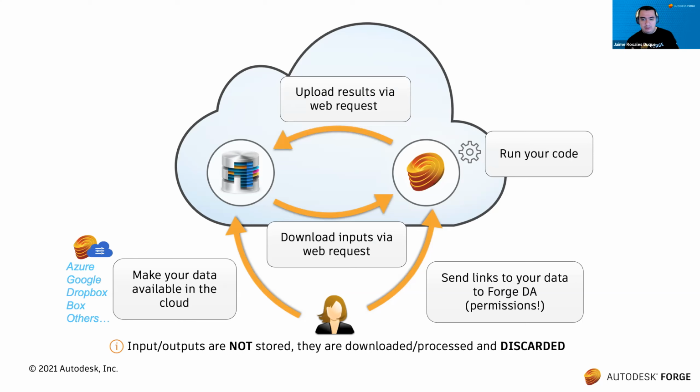Something to keep in mind is that whenever we send that definition, or as we call it, an activity, like I mentioned before, you do not need to do it every single time. You define it once, and then you can use it as many times as you want from your account, right?